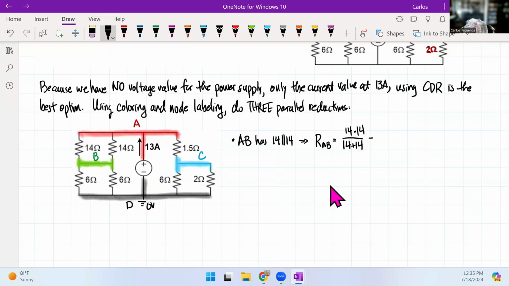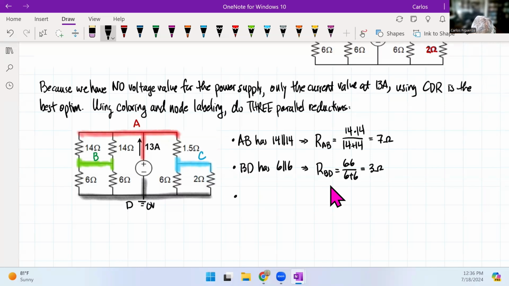And when the dust settles, we get 7 ohms. Now look at the 6. Between B and D is a 6 ohm parallel to a 6 ohm. If I do the exact same thing, 6 times 6 divided by 6 plus 6, this gives me a 3 ohm resistor.